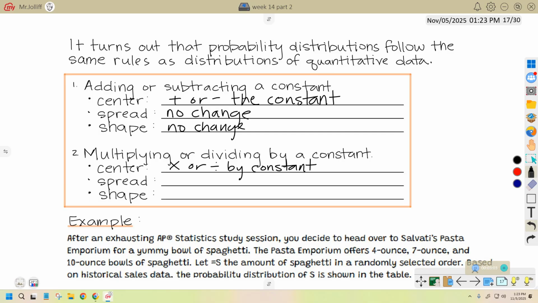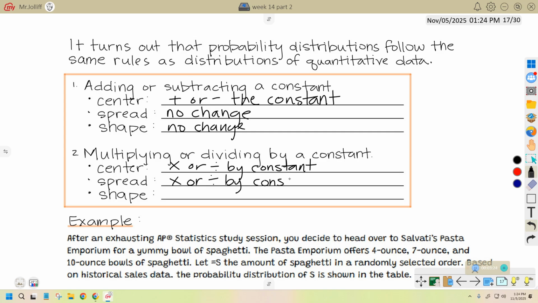What about the standard deviation? I take all my data values and I double them. What happened to the spread? Double the spread. Yeah, so we multiply or divide by the constant, but there was a limit.